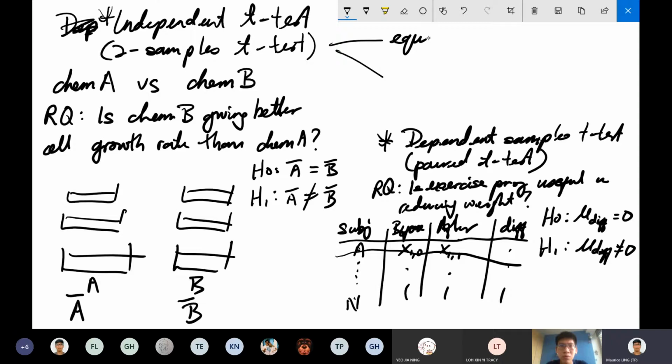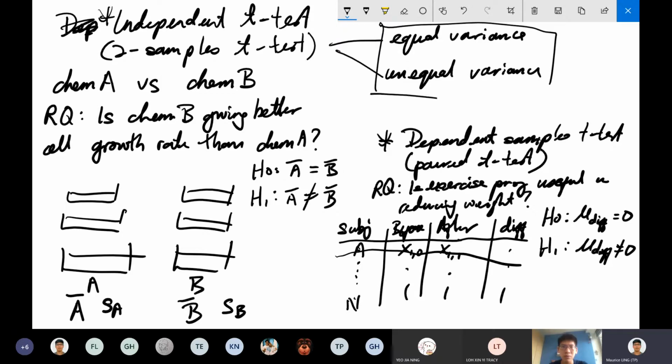You have your equal variance, or equal standard deviation, and unequal standard deviation. Because here you have your standard deviation of A and standard deviation of B. To find out which version of this test to use, you use your F test for equality of variance. Okay. In your dependent sample t-test, there's no equality of variance.